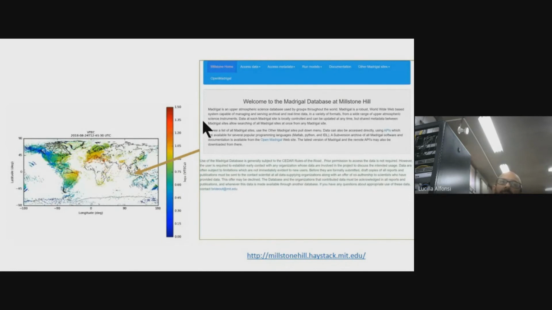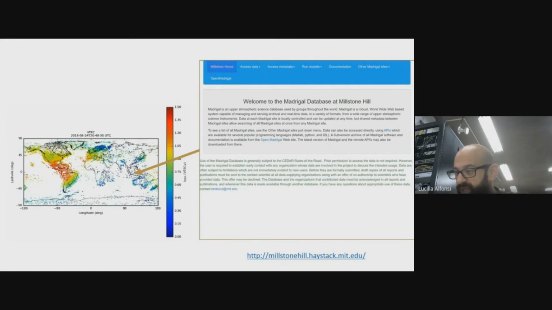This is very useful because through Madrigal, you can get global TEC maps that include data from thousands of GNSS receivers on the ground. So this is a very useful instrument, even if this Madrigal is not so, let's say, friendly.